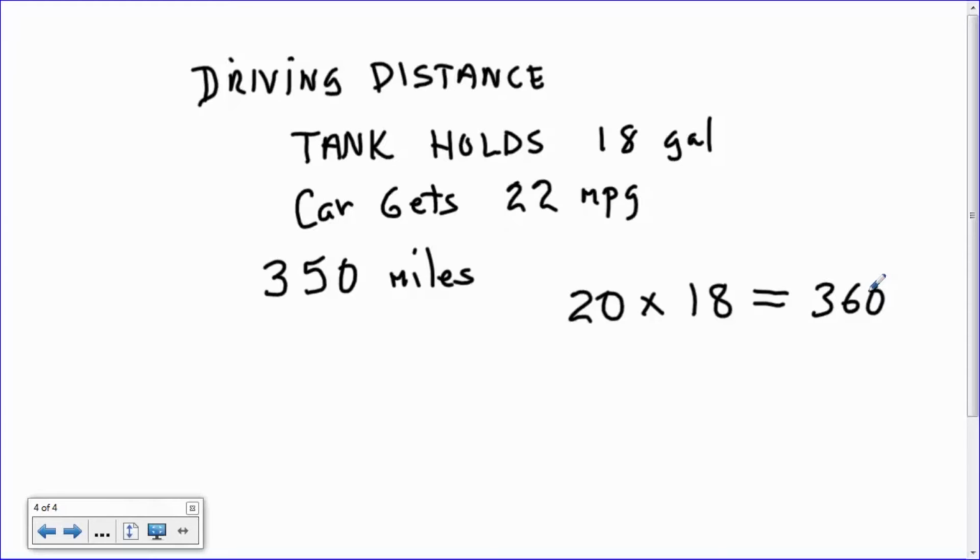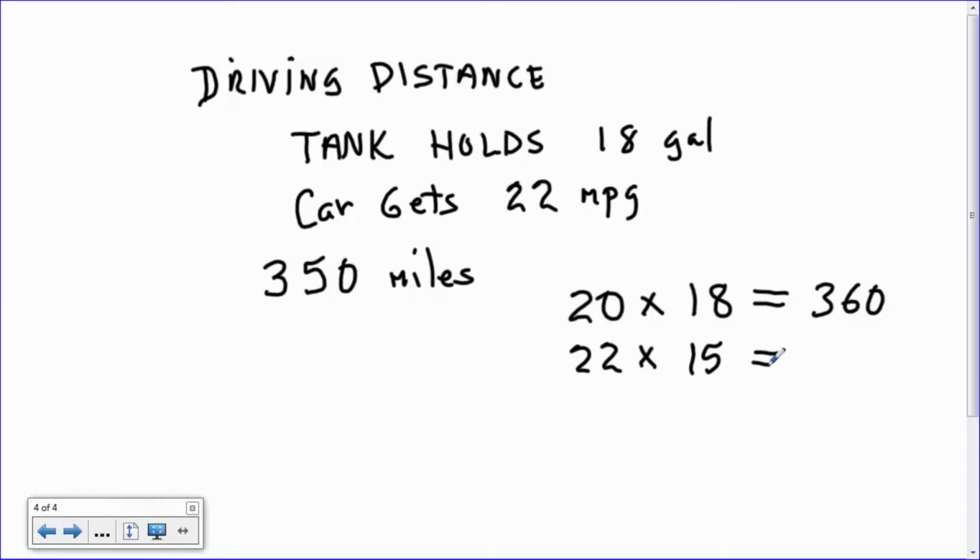And instead of underestimating with the miles per gallon, you could have underestimated with the gallons of gas. You could have said, well, let me think that I have only 15 gallons in the gas tank, and I'm going to use that to estimate. So if you had 15 gallons and you kept the 22, you could multiply these together.